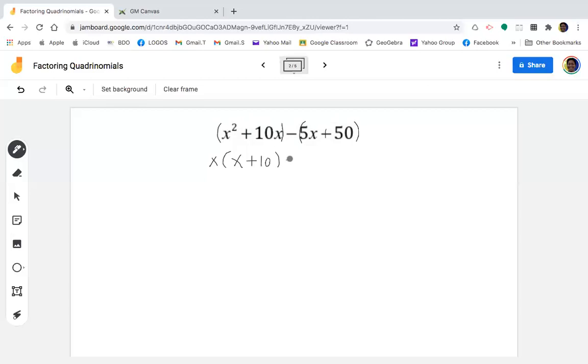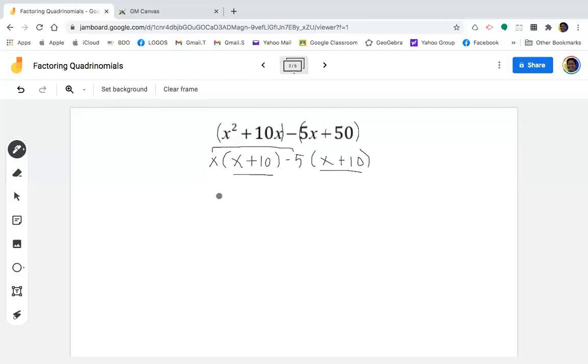For the second pair, we factor out 5 and we get x plus 10. So now you'll see that we have a common binomial factor, x plus 10. So we can put their partners together.